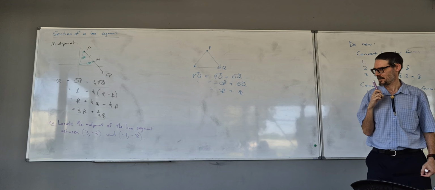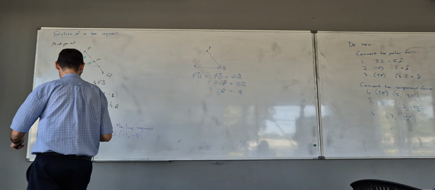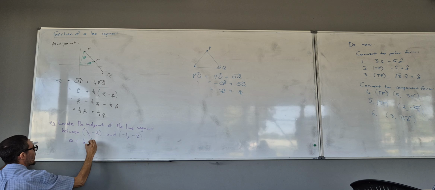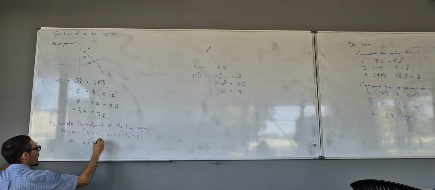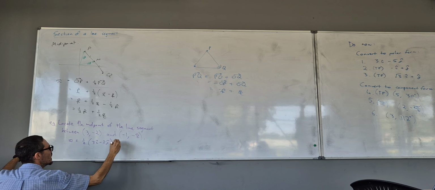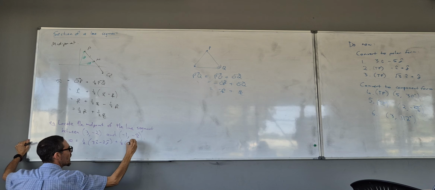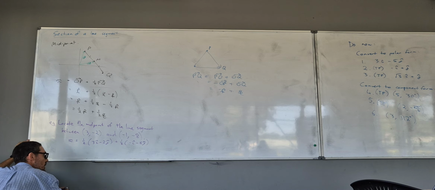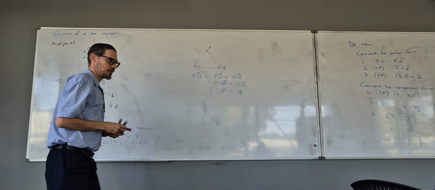Have a go. You're literally just going to go, the midpoint is half of 3i minus 2j and half of negative i minus 8j. Expand, simplify, find the midpoint.